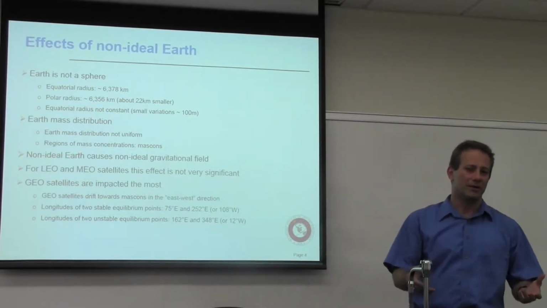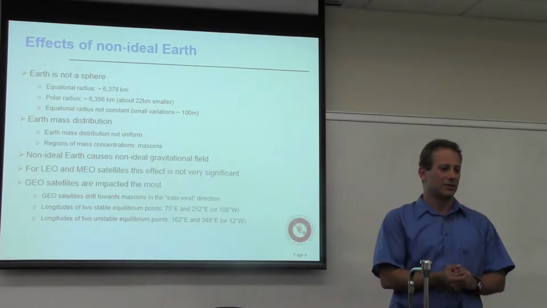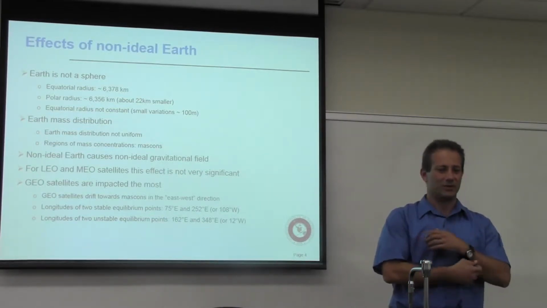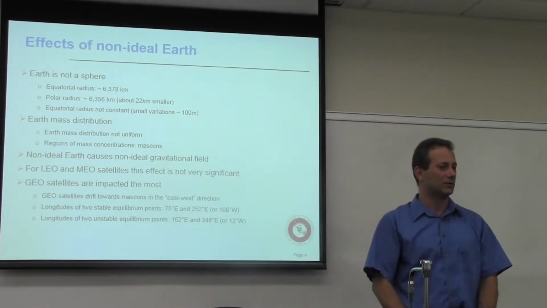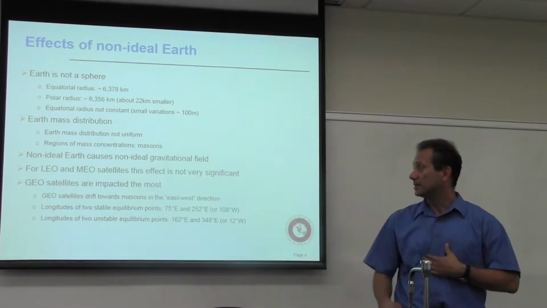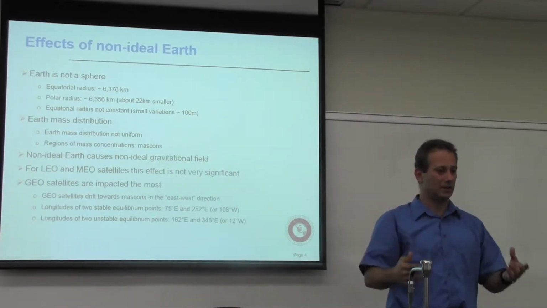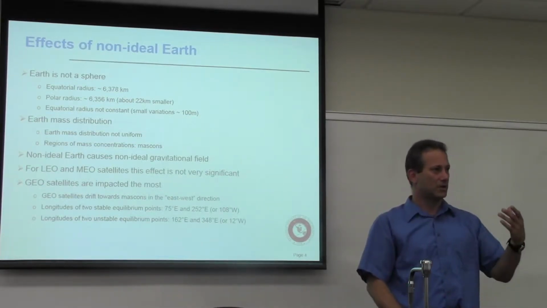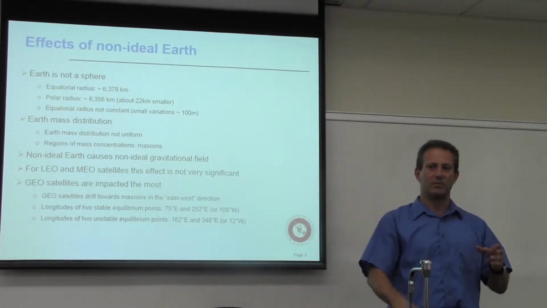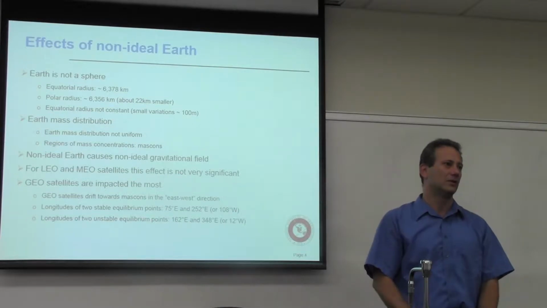Modeling that gravitational field to a great accuracy by just looking at the Earth itself is not really something we can do. So what we have done in the past, and there was a mission that I think terminated last year, is send special kinds of satellites whose purpose is to do nothing but measure the gravitational field of the Earth.